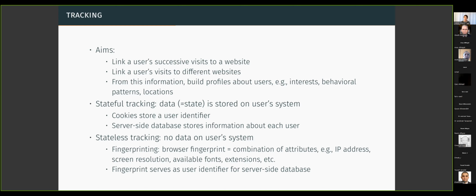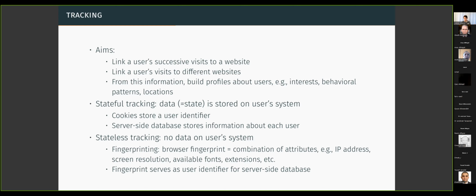One is called stateful tracking, where basically some data is stored on the user system, so some state, and that's generally cookie-based. And usually how this works is that the cookies store an identifier for the user. And then the server has a database that for this identifier stores additional information.